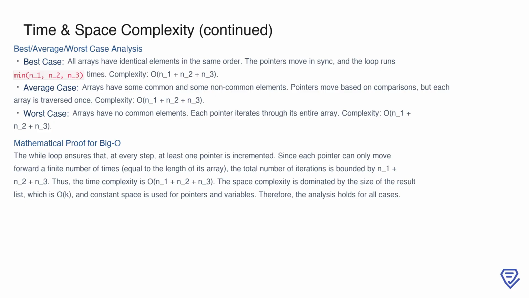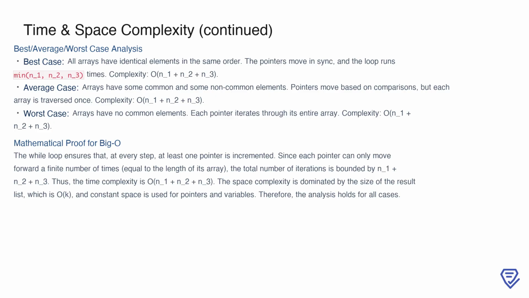The average case occurs when the arrays have some common and some non-common elements. In this scenario, the pointers move based on comparisons, but each array is still traversed only once, maintaining the same time complexity. In the worst case, the arrays share no common elements, meaning each pointer iterates through its entire array. Even in this scenario, the total number of iterations is bounded by n_1 + n_2 + n_3.